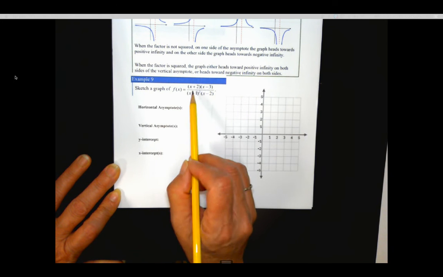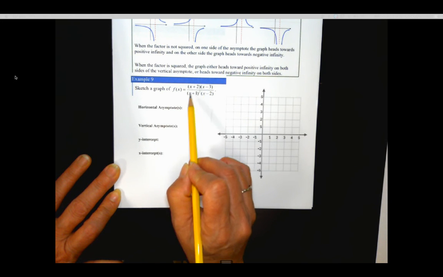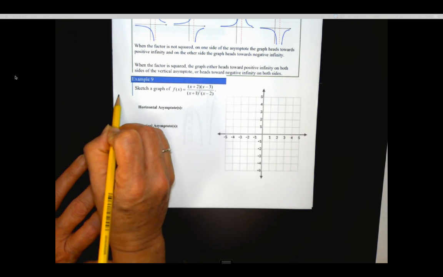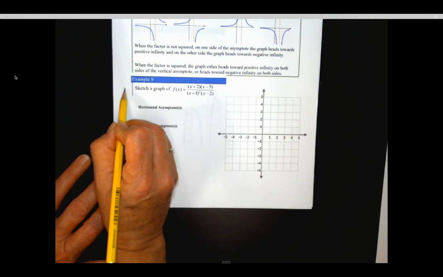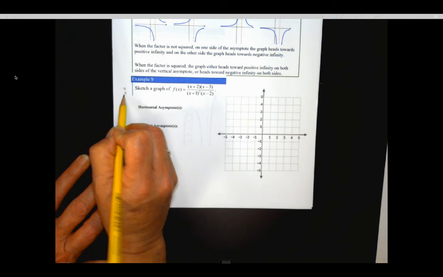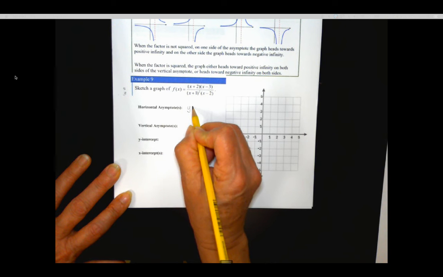So I see in the numerator I have x times x, which is x squared, and then in the denominator, this is squared. So I have x squared times another x, that's x to the third. So the degree in the numerator is 2, and the degree in the denominator is 3.